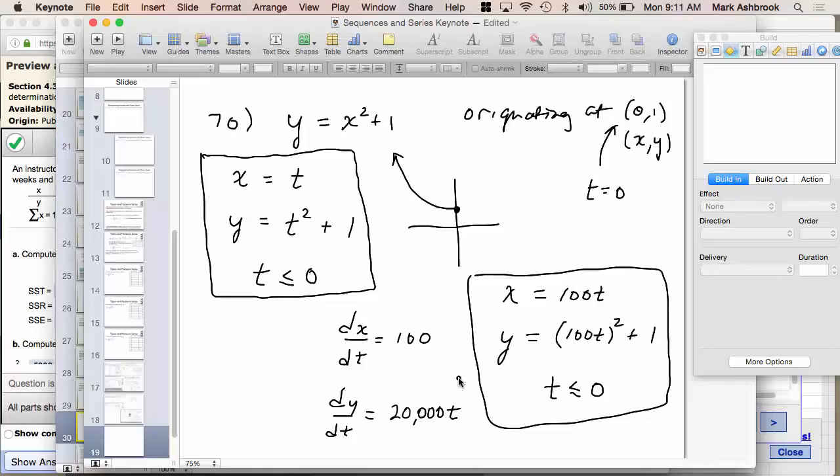Did I do the math right? No, but the function is 10,000 t squared, right? No. 100t squared is 10,000 t squared. 100t quantity squared is the function 10,000 t squared plus 1. So therefore the derivative is 20,000 t.